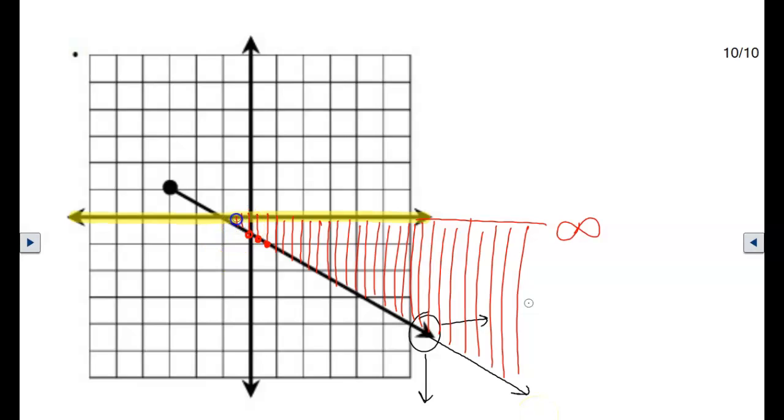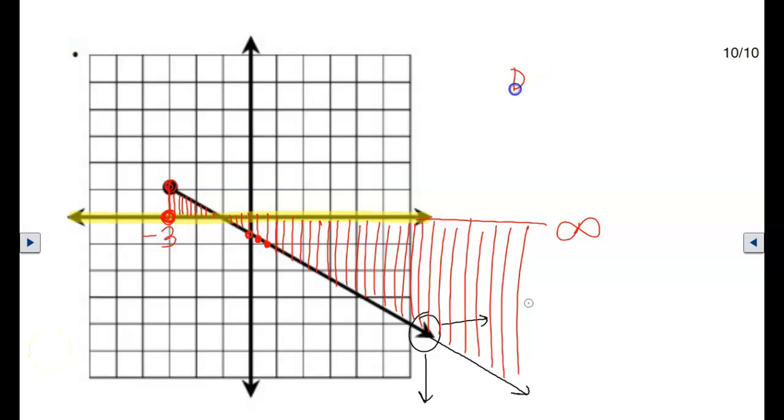On this side, though, I can keep taking my points on the graph and tracing back to the x-axis. And when I get here, I can't go any further because the graph stops there. So on this side, right there is where the domain is going to begin. No arrow, so that's not going to keep going. So that's -1, -2, -3.